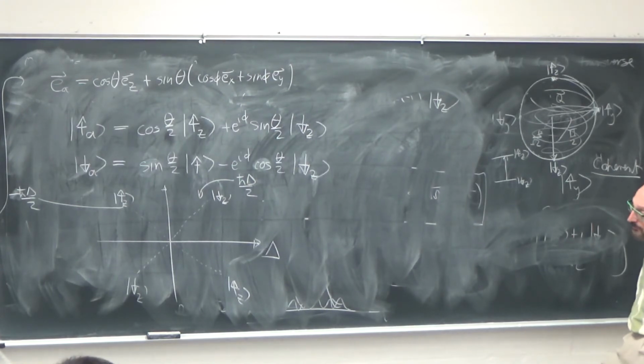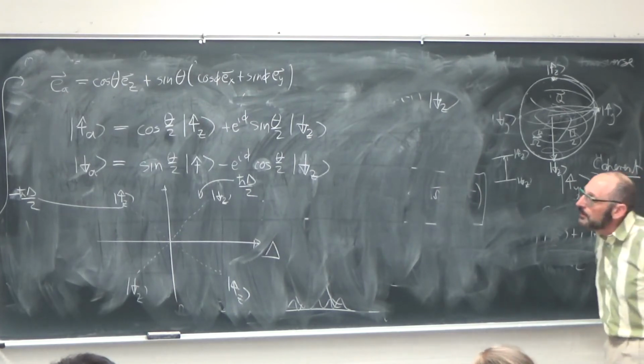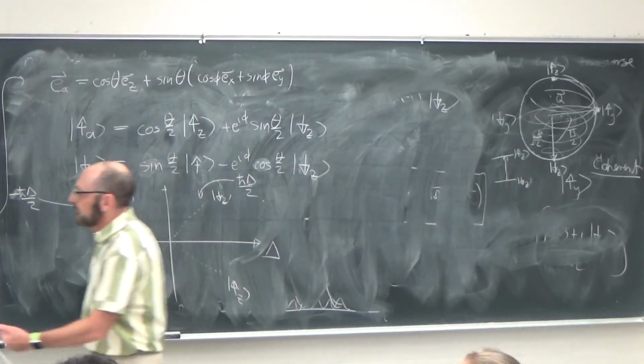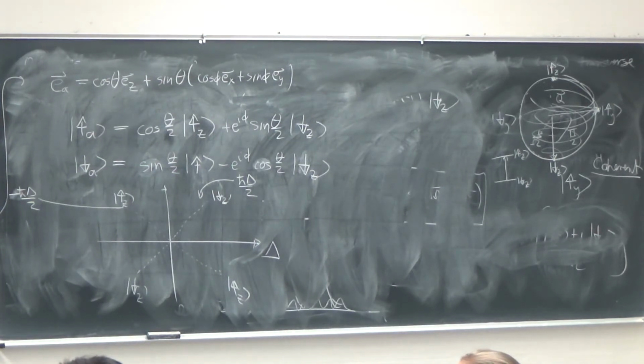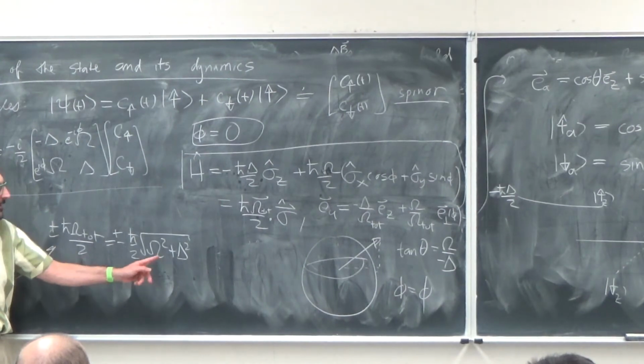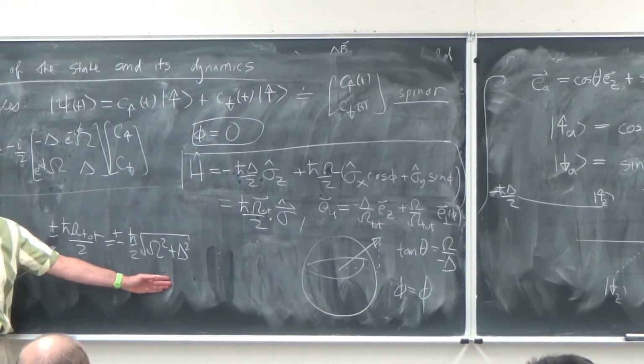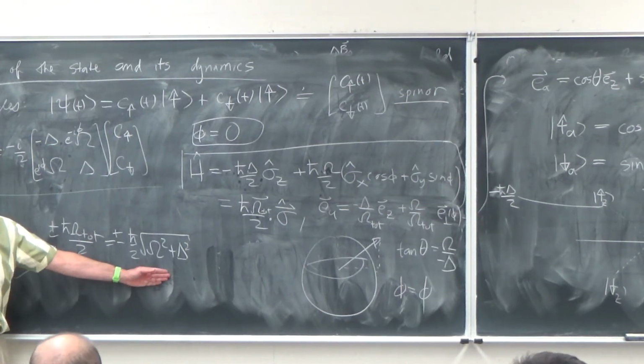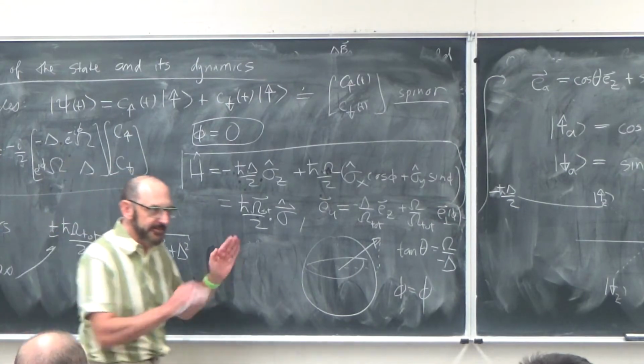So now I ask you the question, what do the actual eigenvalues look like? What is this curve as a function of detuning for a fixed omega? These are hyperbola. I'm not being hyperbolic about this, that's what they're called.